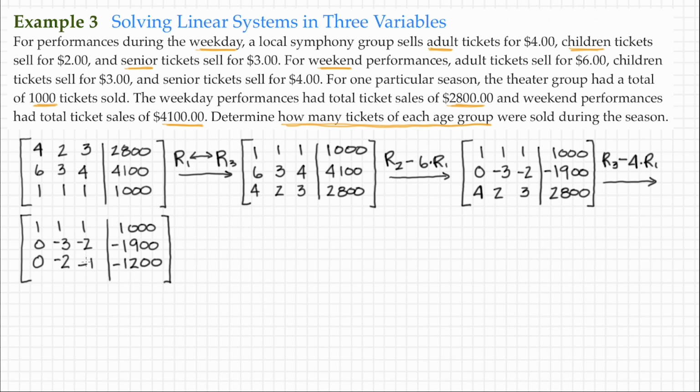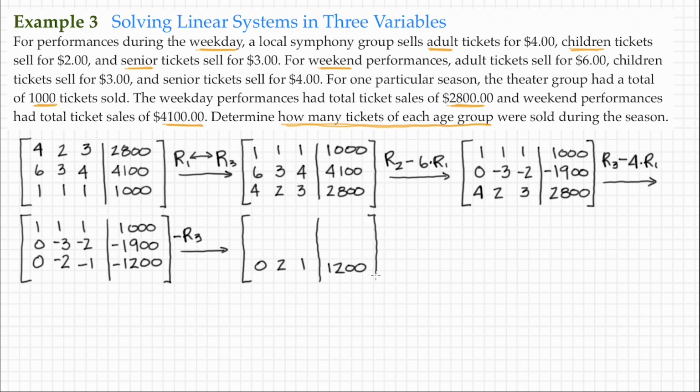And here we have a negative 1 right down here in the Z column. So maybe we'll go down here. Everything is negative. So we'll change this all positive. So we'll take negative 1 times row 3. And that'll give us 0, 2, 1, put in our vertical line, and 1,200.